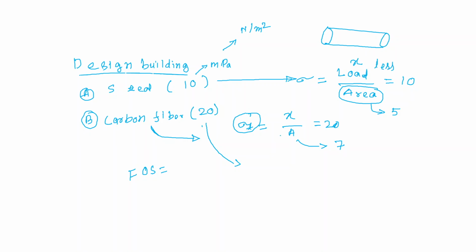This is less. This is the higher amount of the load. So we know that the carbon fiber can carry a higher amount of the load for a given area, or for a given thickness, or for given dimensions. So for that case, the factor of safety will not be taken larger, because carbon fiber already has higher strength.